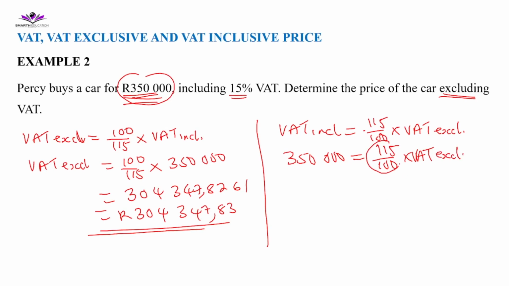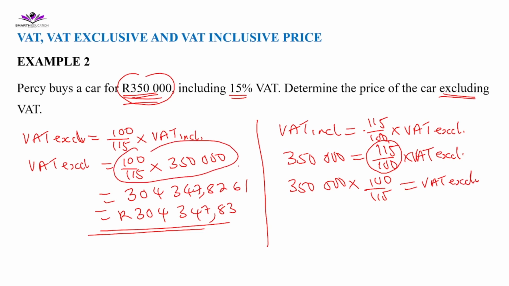And then we divide by this on both sides of the equation. We're dividing by a fraction. We invert this fraction and multiply. So it's going to be 350,000 times 100 over 115 is equal to VAT exclusive. You see that? Just the same as this. And then this will give you the same answer as that.